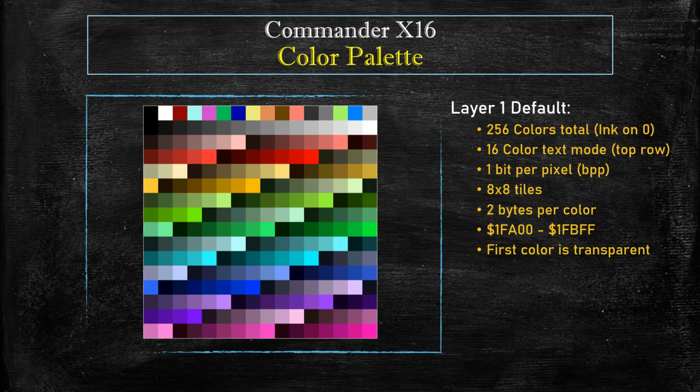So in today's video, we're going to be using 16 color mode, which it says here uses the top row of colors. So as you can see here on the top row, this square on the left looks like it's black, although it's not actually black. It's actually a transparent color, which is mentioned down in this bottom note here. Over on the right, it says first color is transparent.